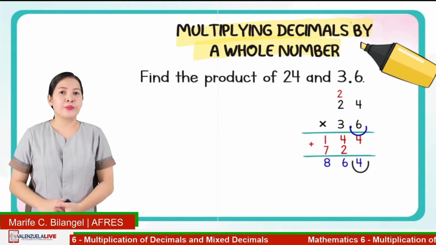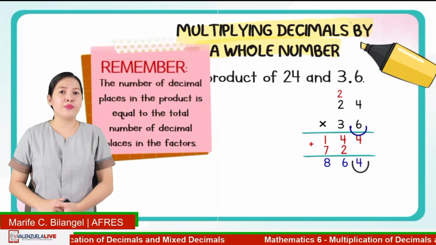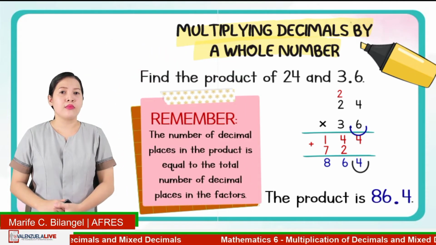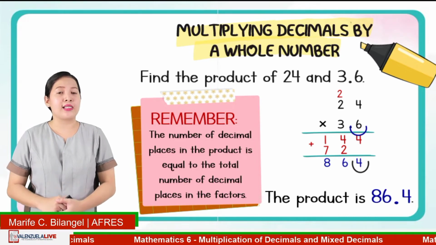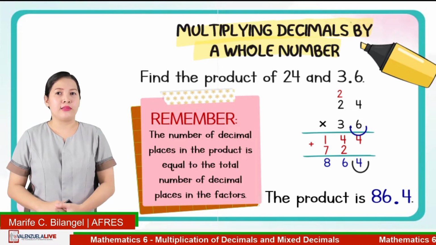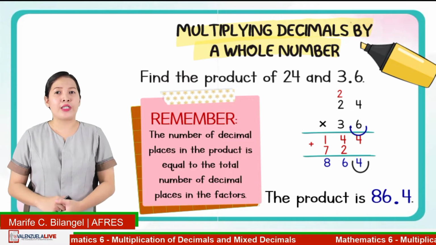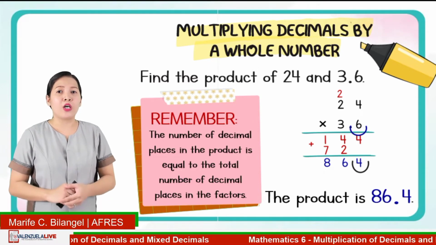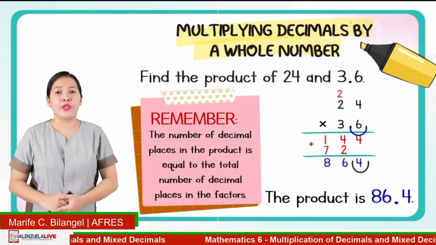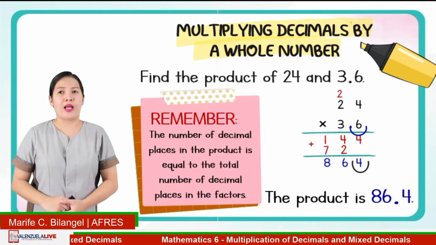Then, we can now have 86 and 4 tenths as our product. So let us remember that the number of decimal places in the product is equal to the total number of decimal places in the factors.